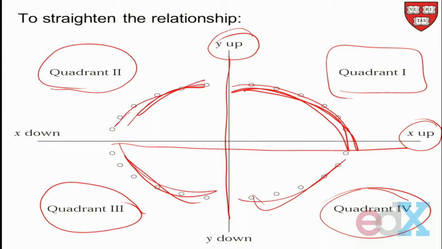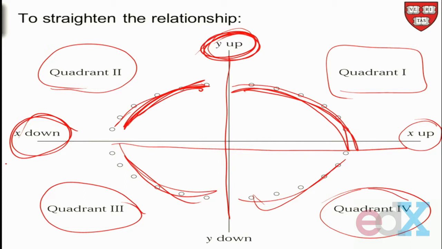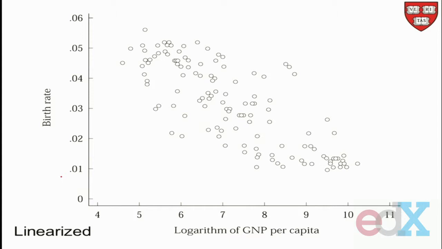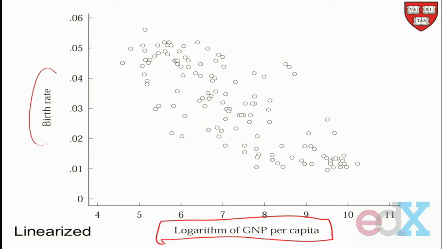If you've got a shape that looks like this, then you have y going up or x going down, which should help you straighten it out. If you've got this, then you've got y going down or x going down to straighten it up, and so on. So there are your 4 quadrants. In fact, if we looked at the logarithm of GNP, so we look at the birth rate versus the logarithm of GNP, we get something that now looks much more linear.